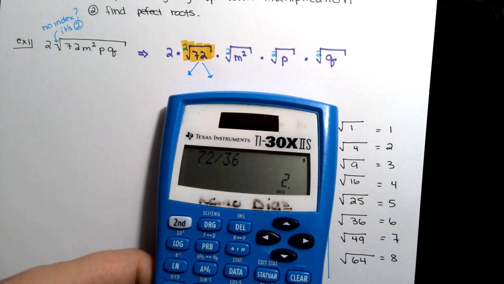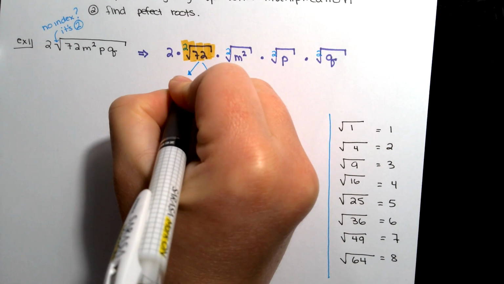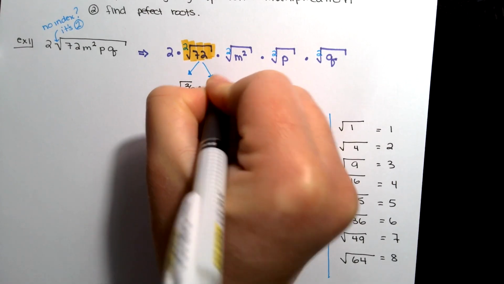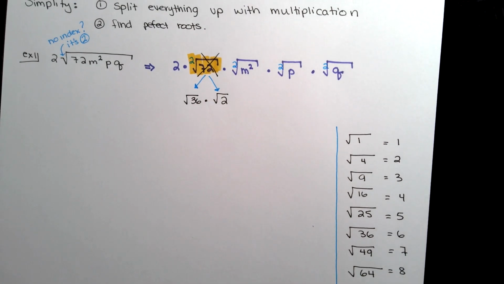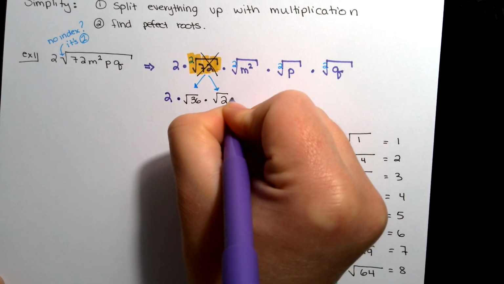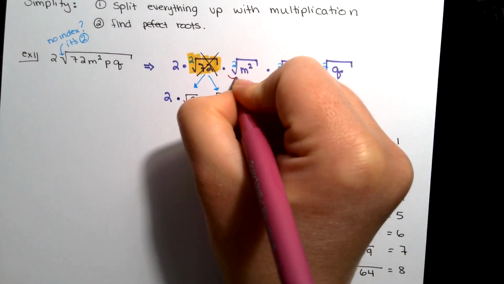So 72 and 36 do get along. So I'm going to split this up into 36 times 2. This 72 no longer exists. I still have this 2. That's still here. And now I'm going to continue to simplify my variables.